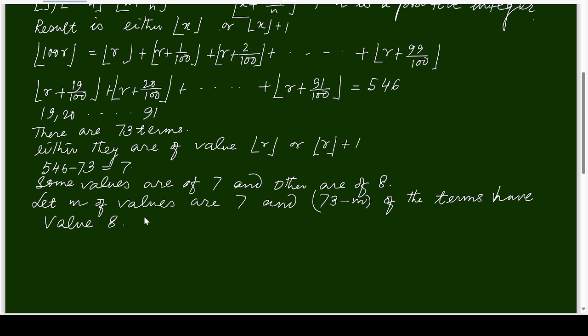Values means floor value. So 7 times m plus 8 times 73 minus m equals 546.